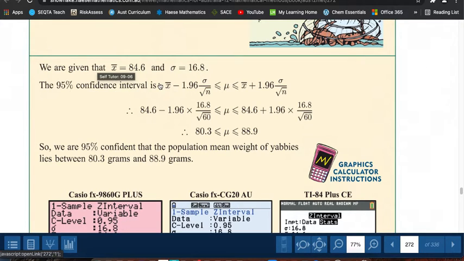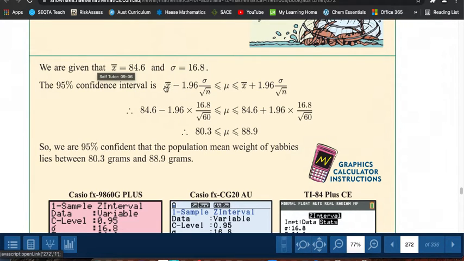So the confidence interval, okay, and this formula is given to you, is our sample mean. So we start at 84.6, and we take off 1.96 of the sample standard deviations. Okay, remember the sample mean standard deviation is the population standard deviation divided by the square root of n. Square root of n, well, n was 60.